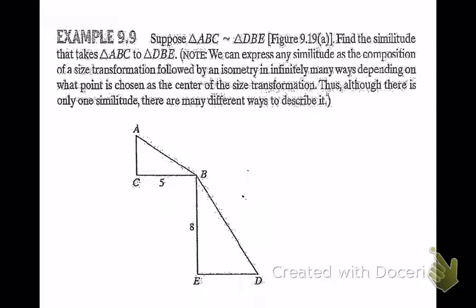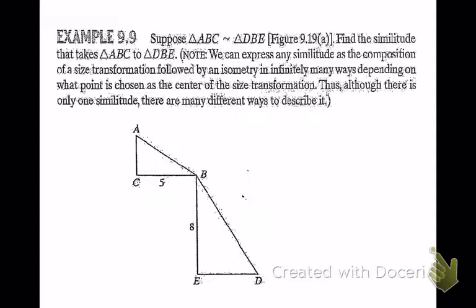Note, we can express any similitude as a composition of a size transformation followed by an isometry in infinitely many ways, depending on what point is chosen as the center of the size transformation. Although there is only one similitude, there are many different ways to describe it.